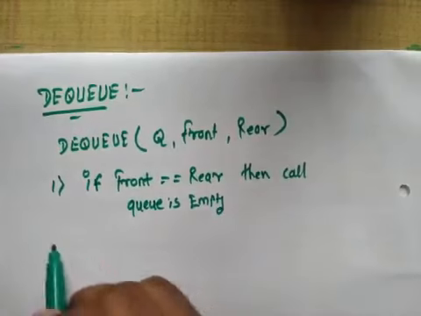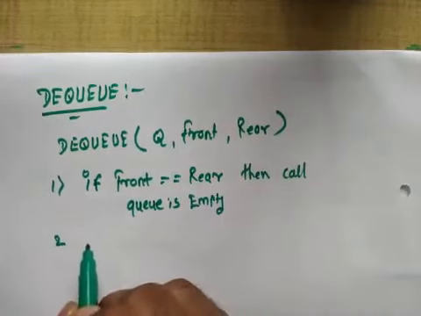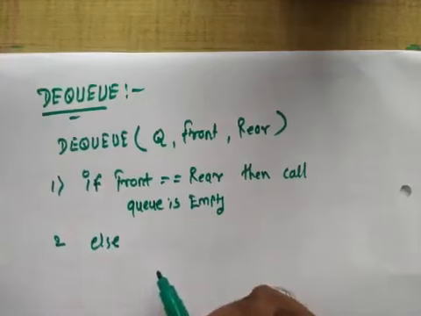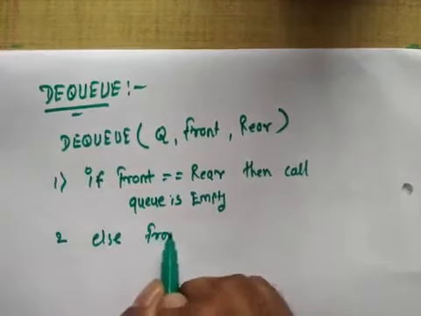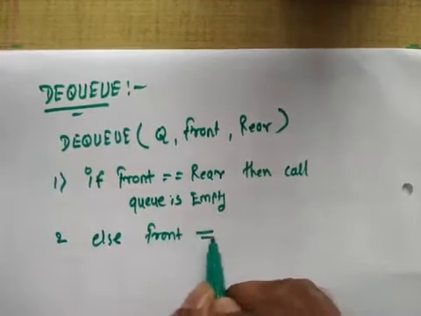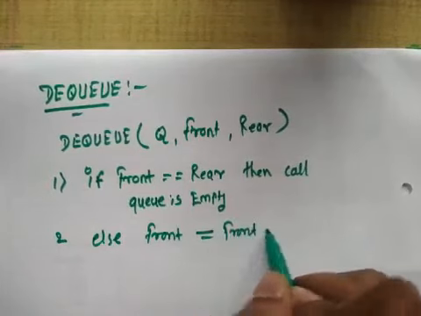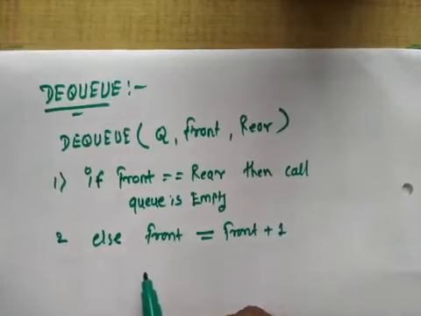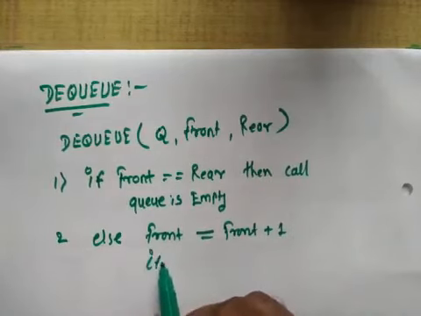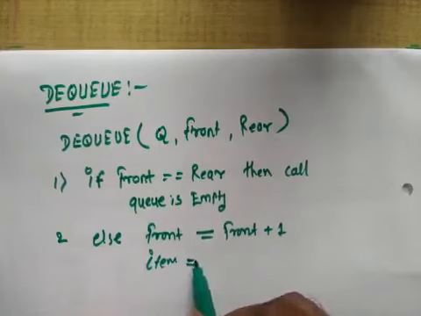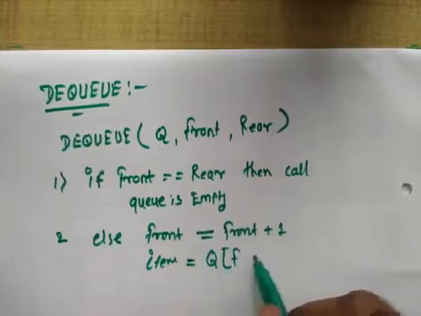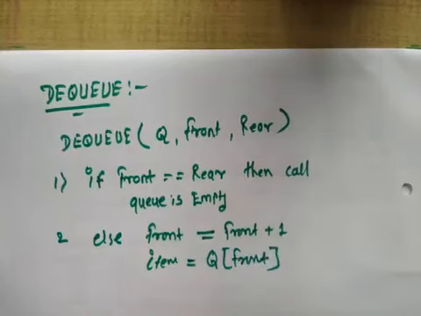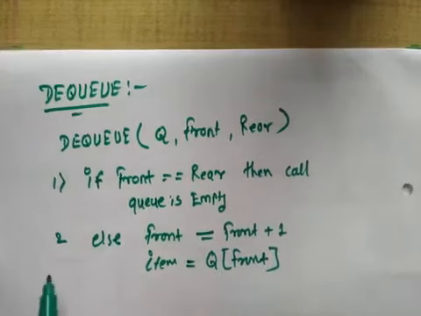Else, the second part: front is equal to front plus 1, we are incrementing front by one position, and the variable item collects the queue of front element, which we are going to remove. So very simple logic. This is step number 3.